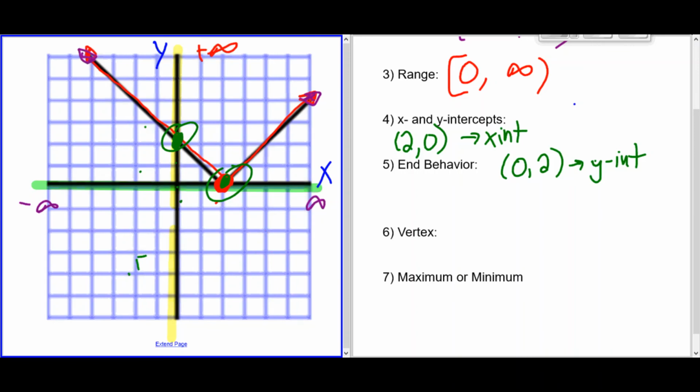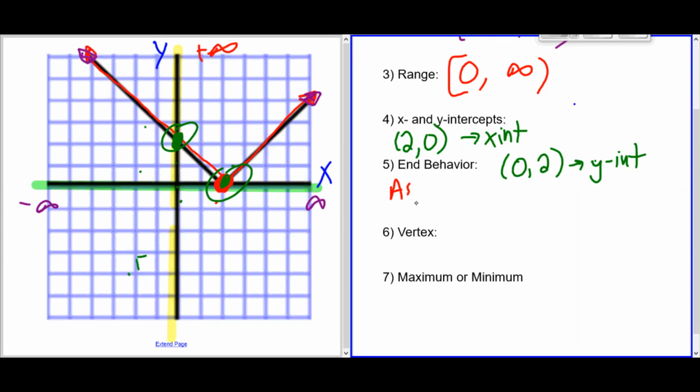Okay, so for end behavior, remember you're looking at as x approaches negative infinity, what happens to y? And then as x approaches positive infinity, what's happening to y? Remember, negative infinity is just like asking what's happening to the left side of your graph.